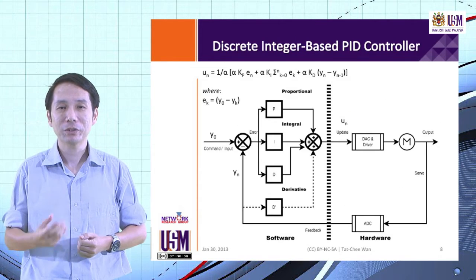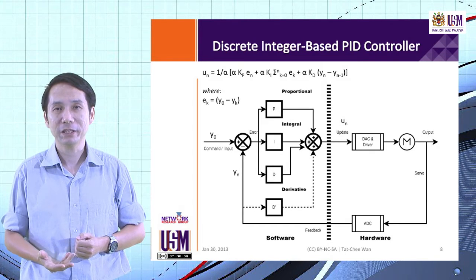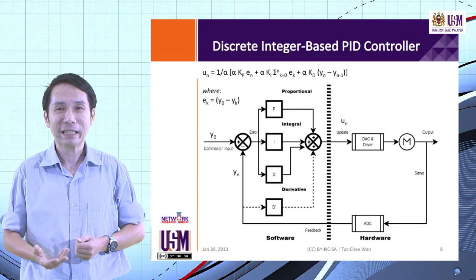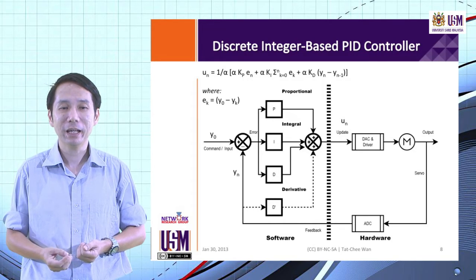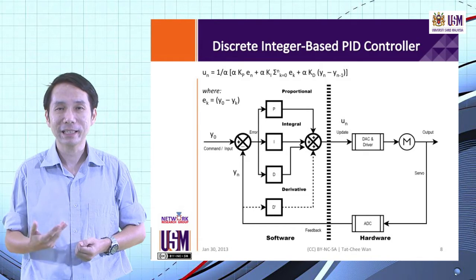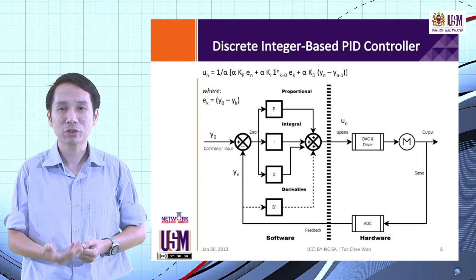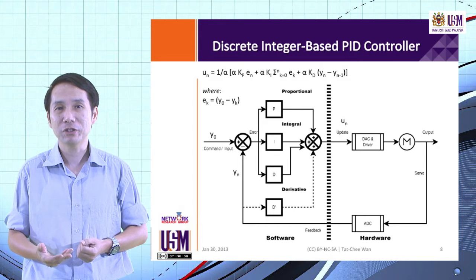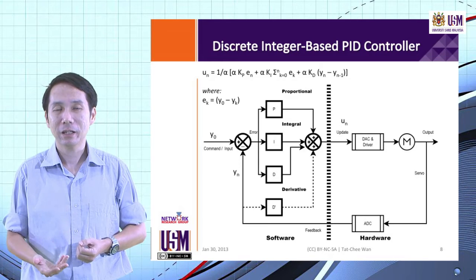This diagram shows a discrete integer-based PID controller implementation. Now, don't worry if you do not understand most of the details here. It's just important to note that we have a command or input value equal to the desired output, y0. After we pass through the controller, it will generate an update value u sub n, which is used to control or drive the output motor with a certain output value.